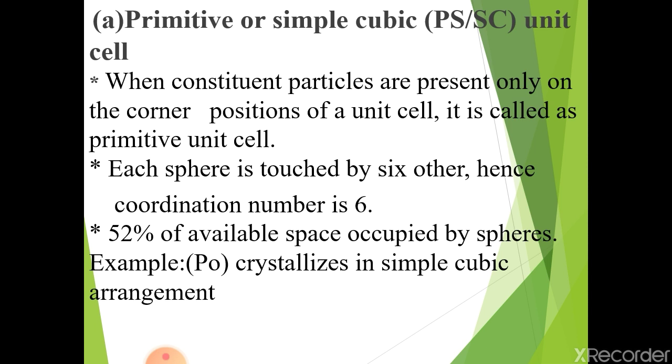Now, primitive or simple unit cell. Just as the name indicates, primitive, here the constituent particles are present only on the corner positions of a unit cell. That's why it is called a primitive unit cell.